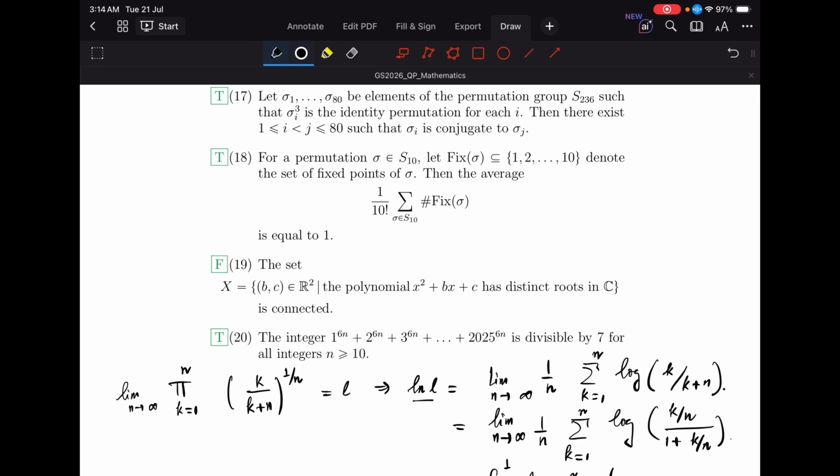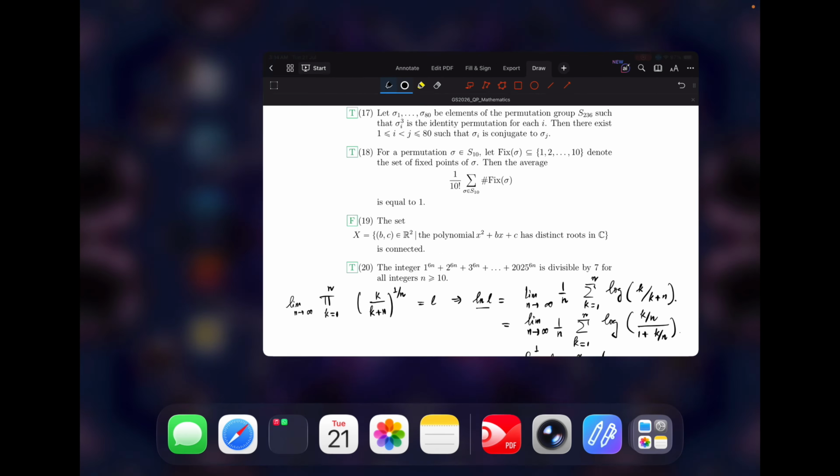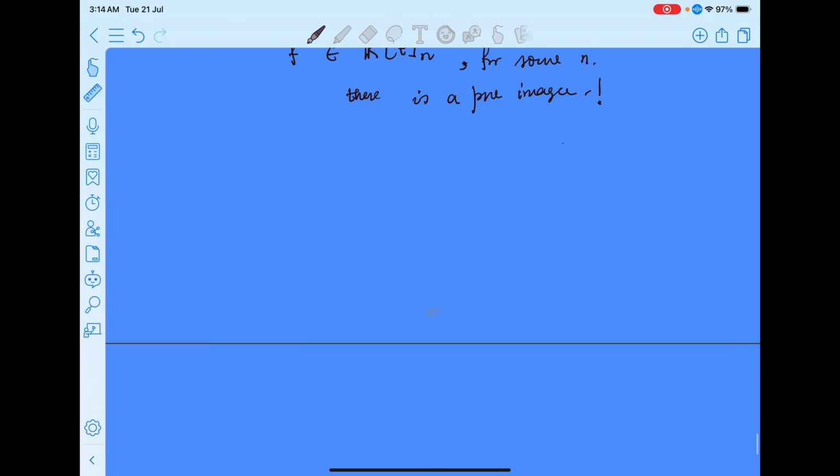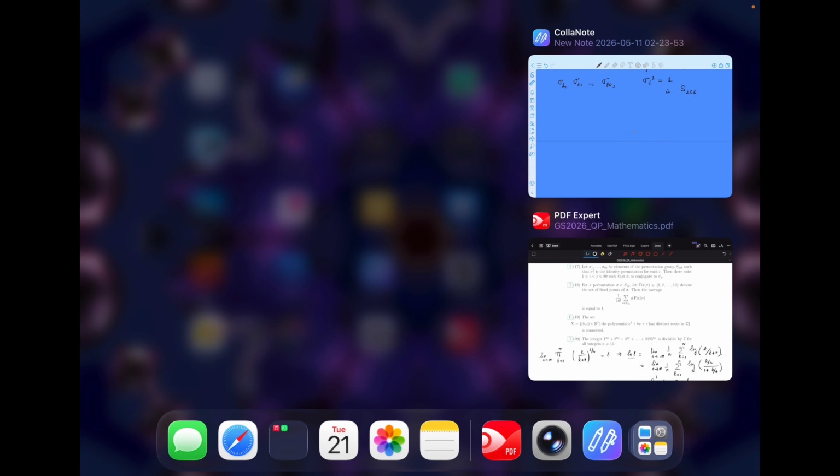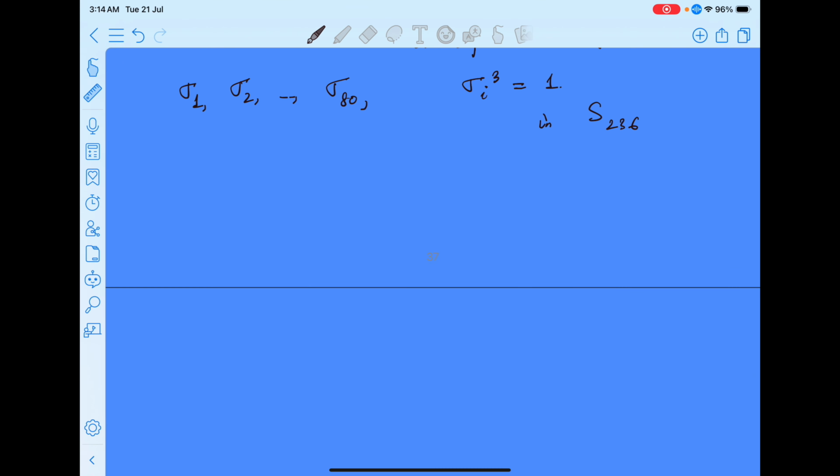Then there exists i strictly less than j between 1 and 8t such that sigma_i is conjugate to sigma_j. Sigma_1, sigma_2, ..., sigma_8t such that sigma_i cubed equals identity in S_236. Am I right? Yes, S_236.